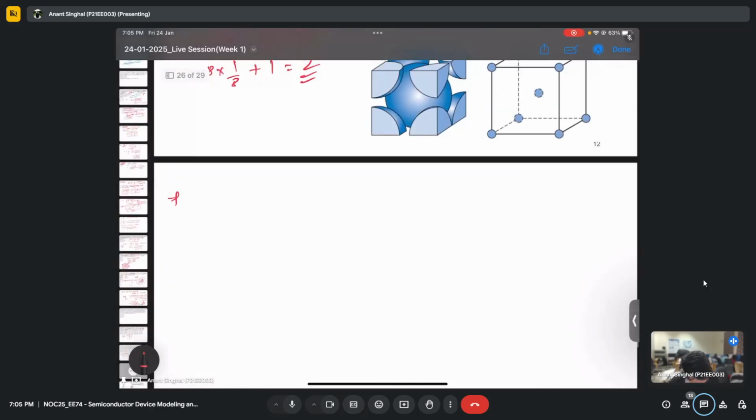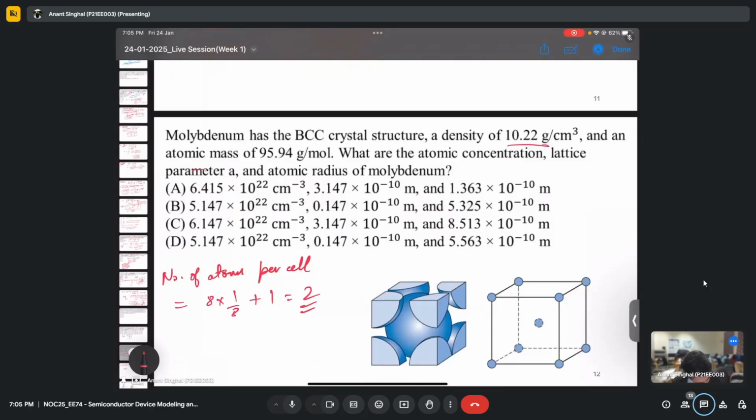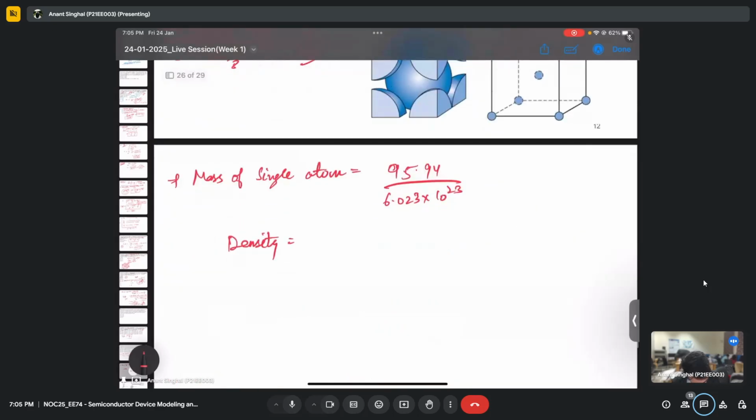Then the mass of a single atom is nothing but the atomic mass, which is 95.94 as given, divided by 6.023 times 10 to the power 23. We need to find the density, right? No, the density is given, we need to find A. Okay, that is fine.